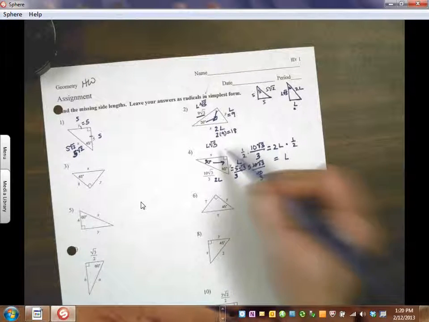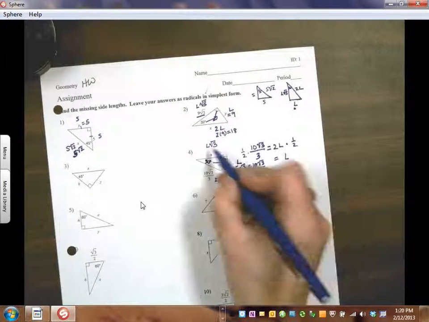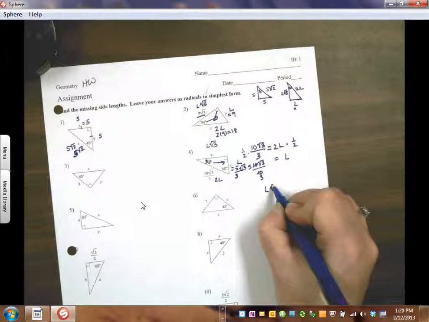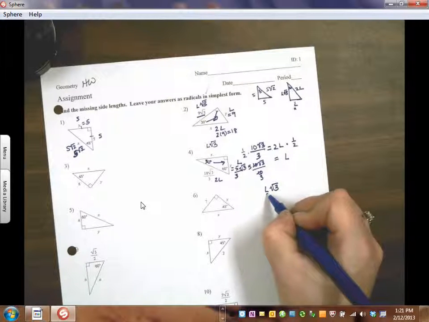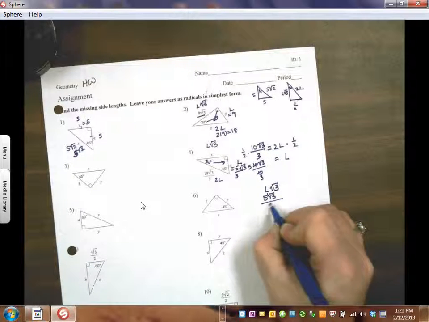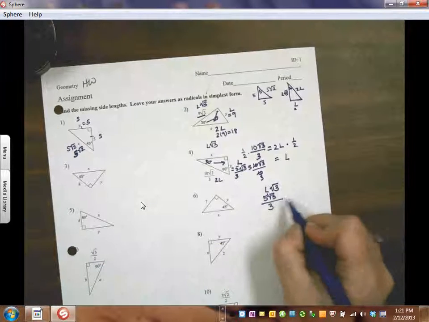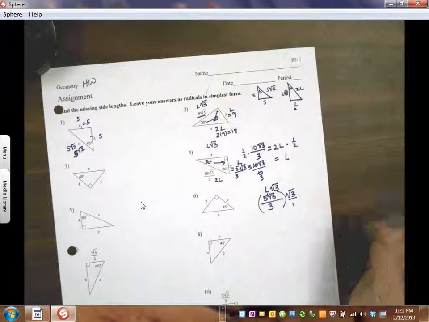So now I'm going to go over here, and I know that if I plug that in for L, I'm going to do this problem down here, L root 3 is what I want. I'm just going to plug that in for my L. So I have 5 root 3 over 3 times the root of 3 over 1.